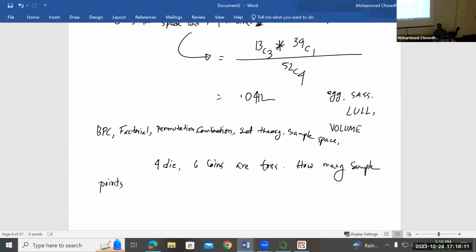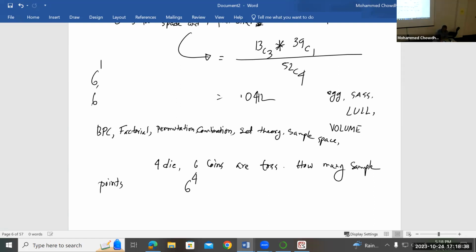One problem I solved in the class after discussing that: four dice and six coins are tossed. How many sample points are in the sample space? One die, that many sample points.